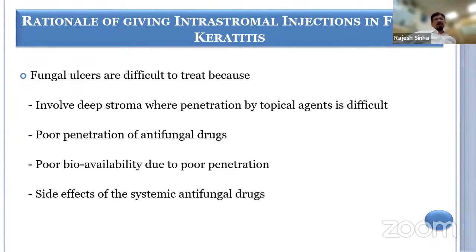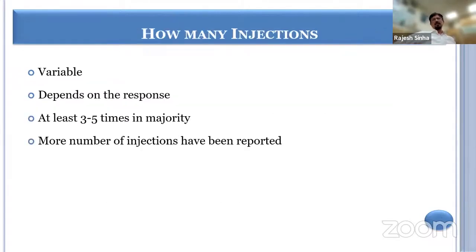And that's why there's poor bioavailability of drugs. Many times, because of this reason, you have a tendency to prolong your intensive topical medication, which further causes surface toxicity. And that is where one should think about giving the intrastromal or intracameral injections.